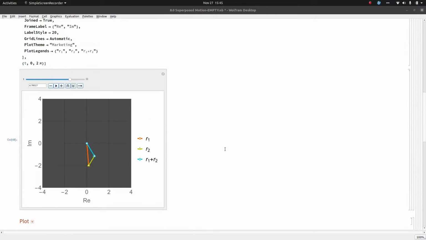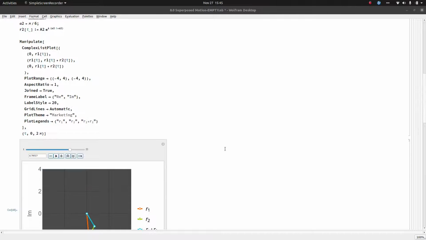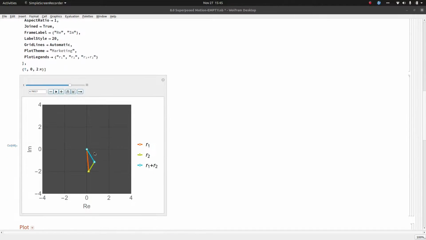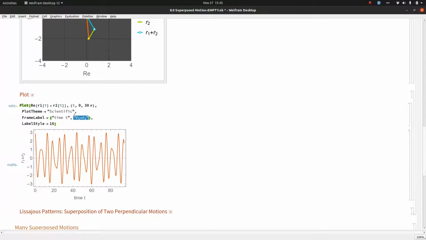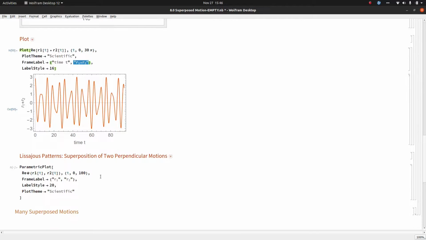There is another way to examine this motion and another plot that you can make. Because here we've been adding vectors in the complex plane, plotting what the resultant vector, the superposition of those two vectors on top of each other, is like. We can also make what is known as a Lissajous pattern. I hope I'm pronouncing that correctly.